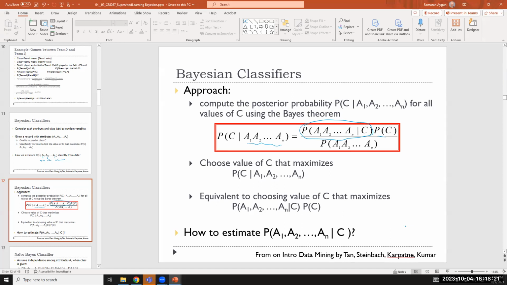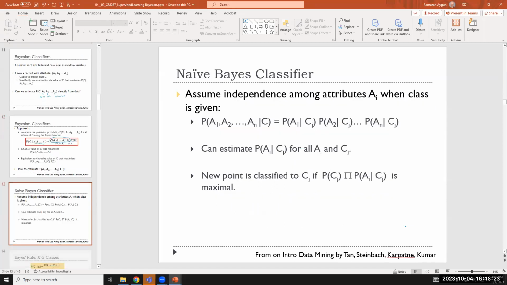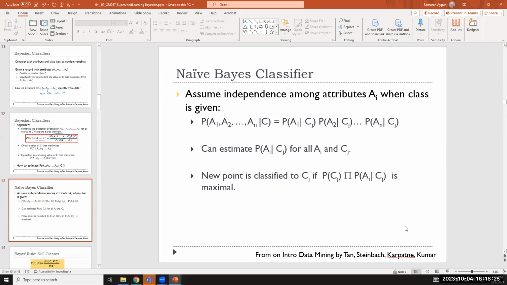Given, say, I can find the probability of C, I can handle that, but I don't know how to solve this one. The basic solution, with a strong assumption, is to assume that attributes are independent, which is a very strong assumption and is not typically true, but somehow it still gives good approximate results.